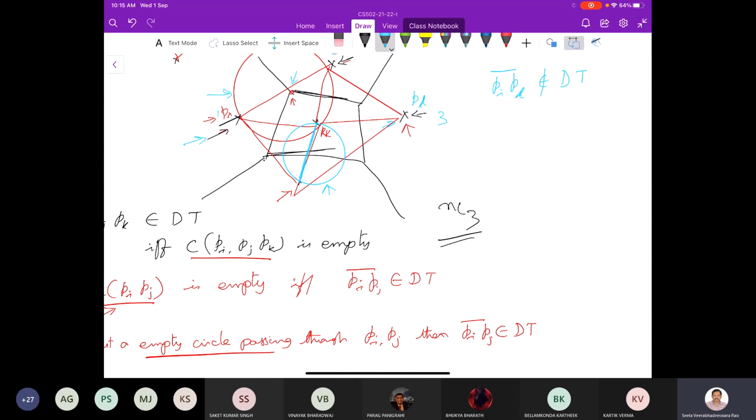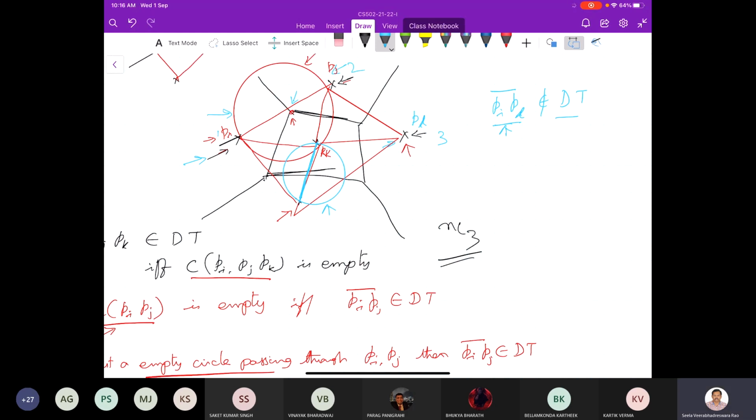So that means there is no empty circle passing through these 2 points. If at least one circle exists which is empty, then this edge is present in the Delaunay triangulation. If there is no such circle, it means any circle passing through these 2 points has another point.